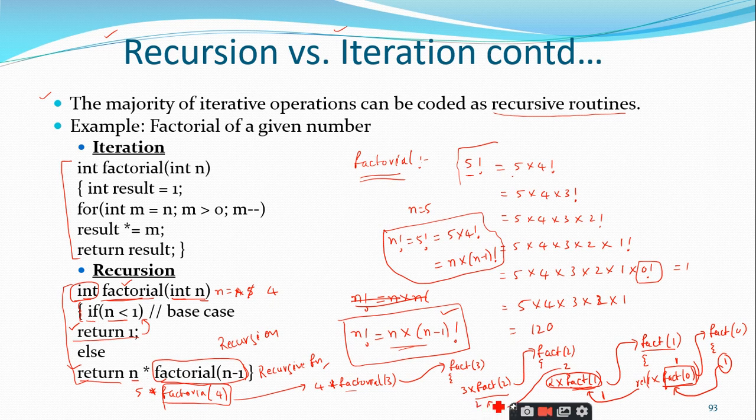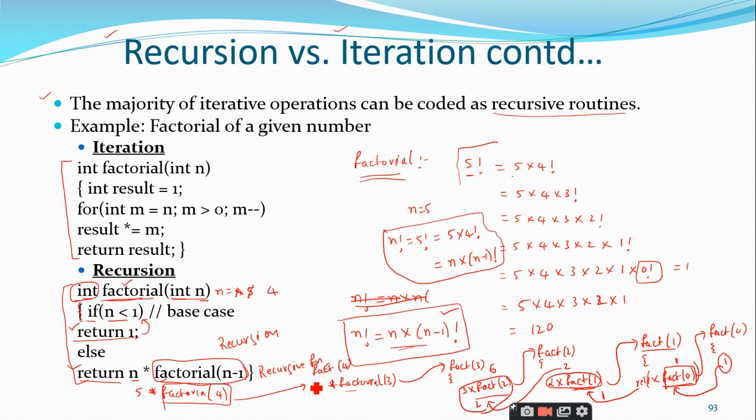Now 3 multiplied with 2 will have a value of 6, and this 6 will be returned to the function which called factorial of 3.